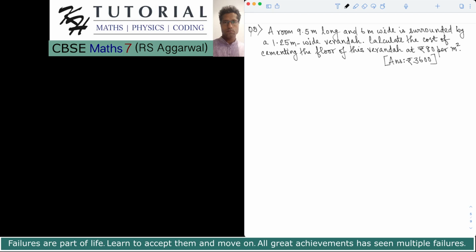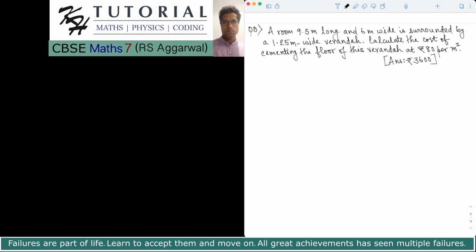The veranda is the path which is outside the room, and the uniform width of the path or the veranda is 1.25 meter. So we have to find the area of the veranda and multiply it with the rate, that is rupees 80 per meter square.